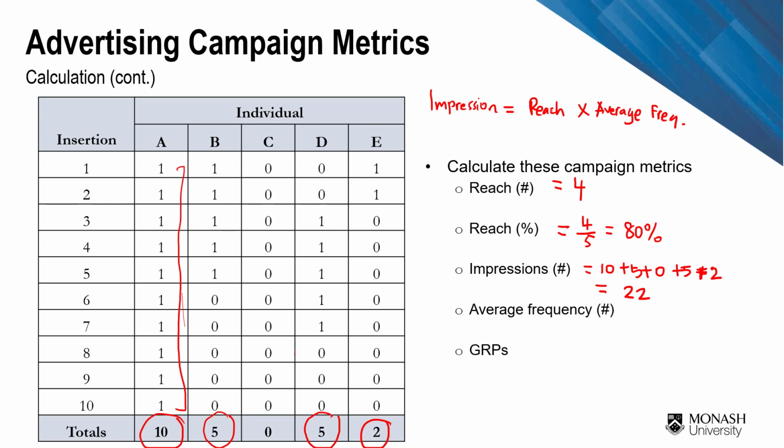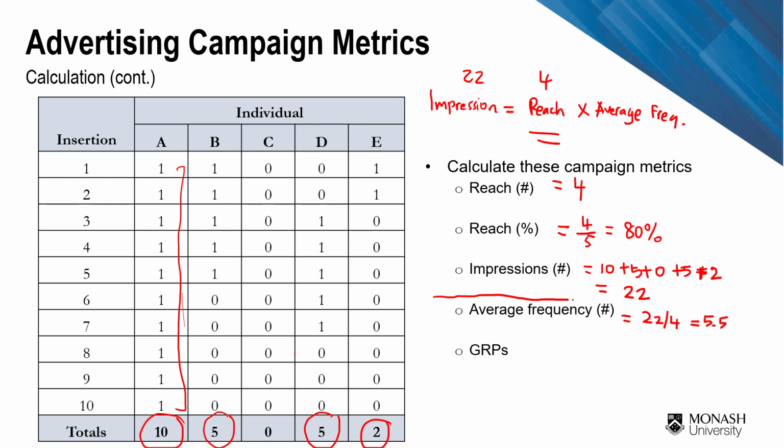We know that the reach is 4 and that impression, which is our exposure, is 22. So the average frequency can be calculated by impression divided by reach. In this case, it is 22 divided by 4, which gives me 5.5. So that's all for average frequency.